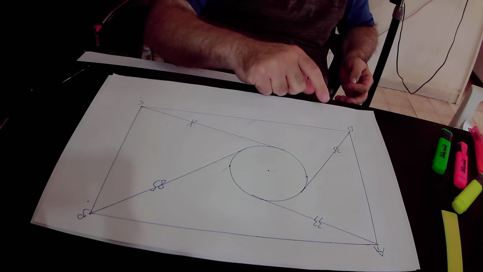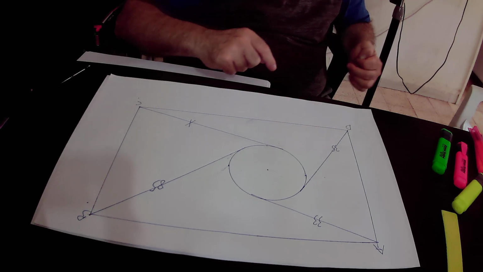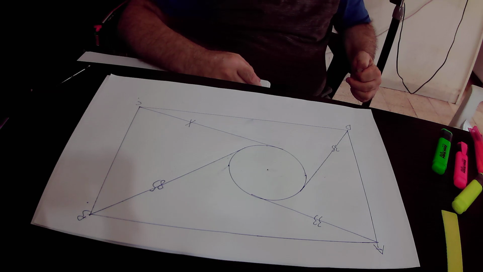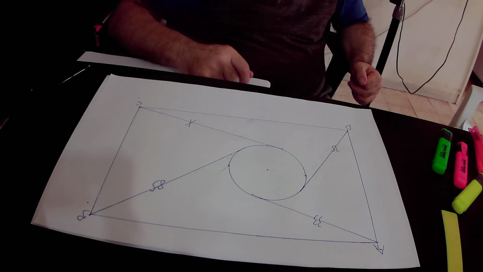And finally the tangent from point D to this circle equals 35 units in its length. And we have to find out the value of x, that is the tangent from point C to this circle.